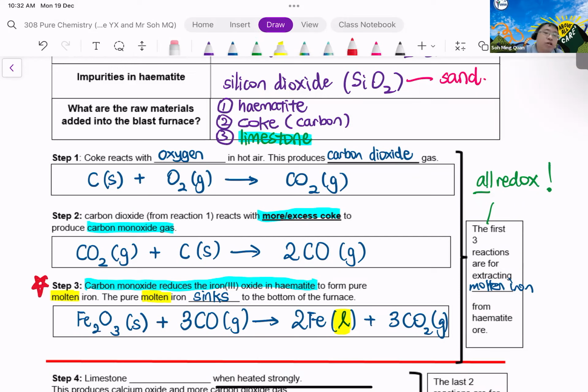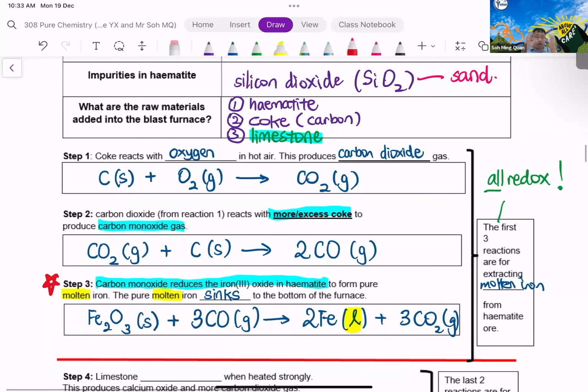Now, for step 3, you realize that the equation is relatively difficult to balance. Why is it difficult to balance? Because you got to have 3CO, 2Fe, 3CO2. So for step 3, the equation, I strongly recommend you try to memorize it. All right? Because trying to work out how to balance it may take you time. Okay?